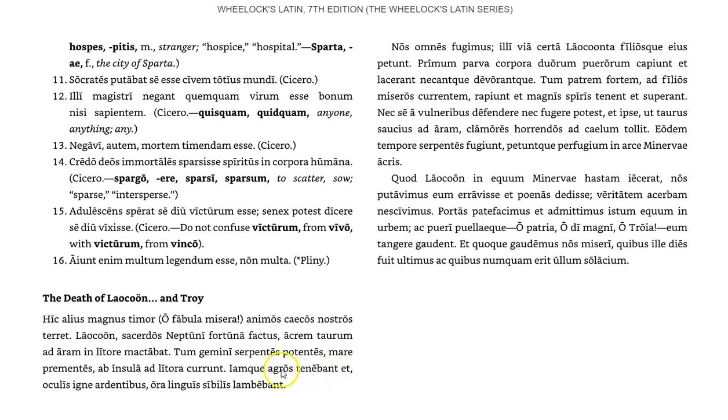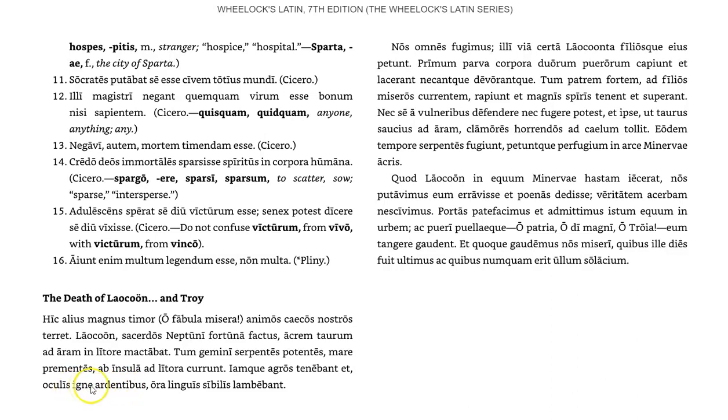And therefore they were holding the fields, and oculis igne ardentibus, and literally here's our ablative endings, with their eyes blazing, literally in fire, or eyes blazing with fire, literally burning with fire. If you have ardor, or if you are ardent for something, that's a word in English. It's a kind of burning desire.